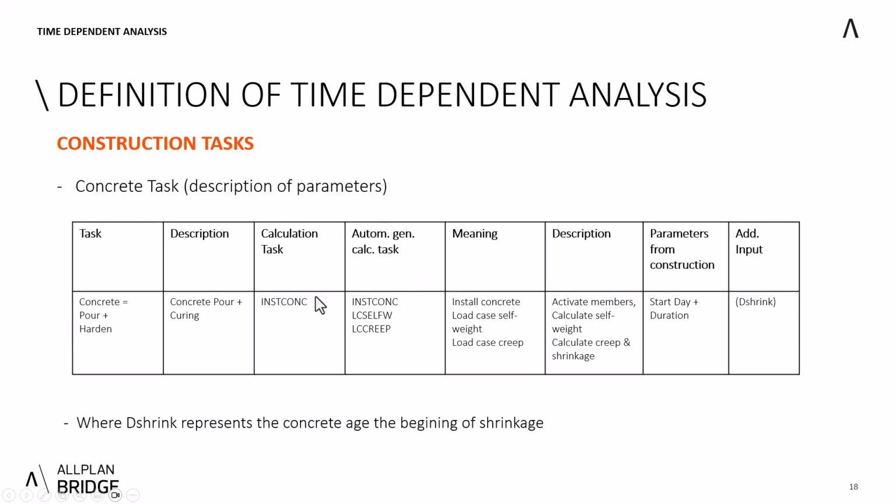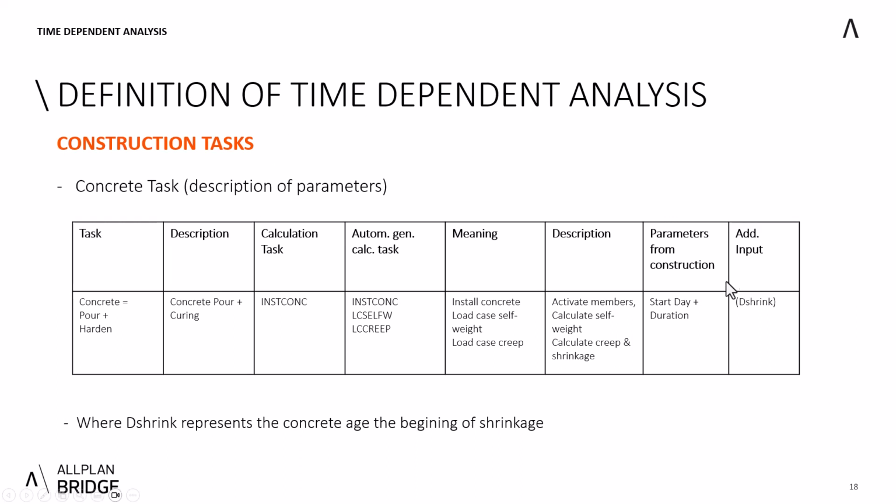Then we have some automatically generated calculation tasks, which are the install concrete, the calculation of the self-weight and the calculation of the creep. And this install concrete is basically installing the concrete element. What it does is activate the member, calculate the self-weight and start the creep and shrinkage calculation.